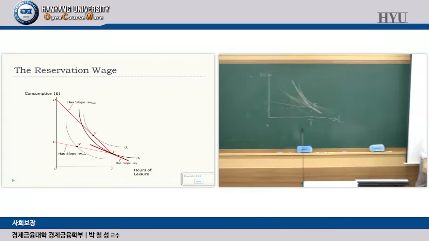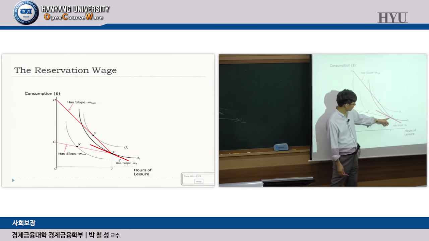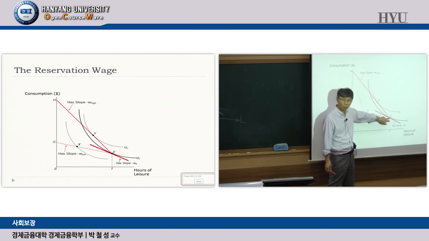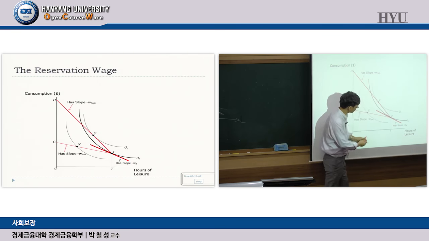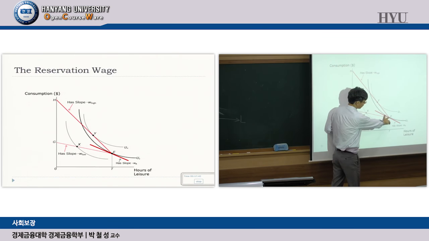Why is it special? This thick red one touches point E. At this point, the slope of this thick red line is equal to the slope of the indifference curve at point E.